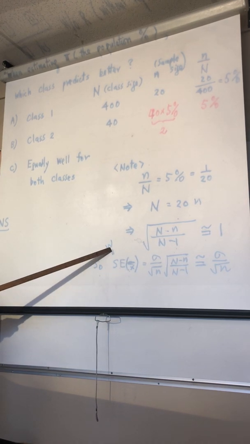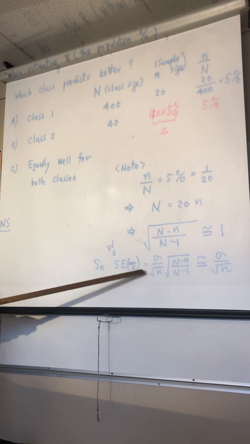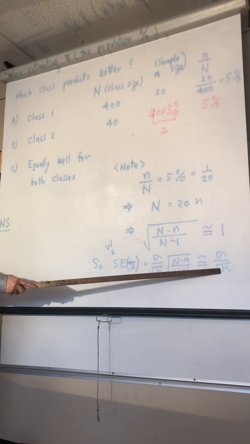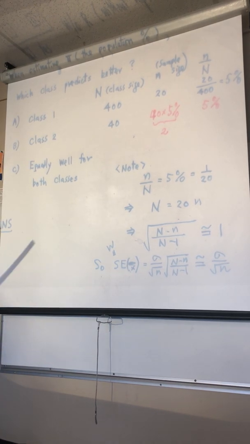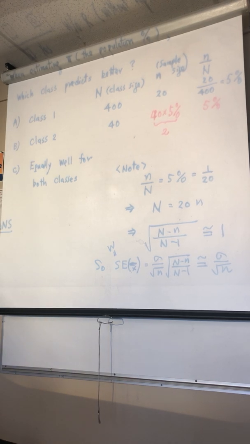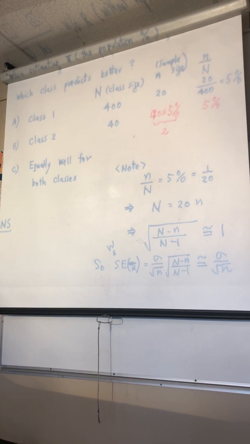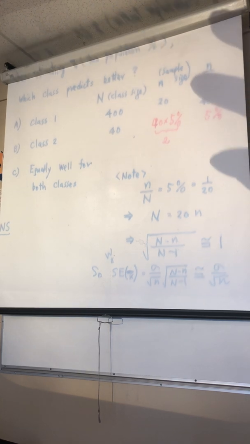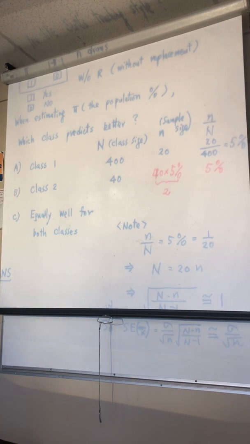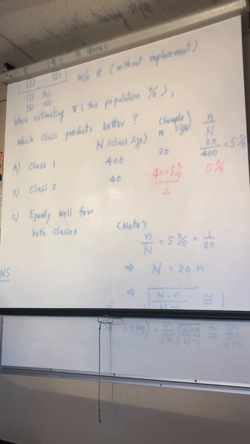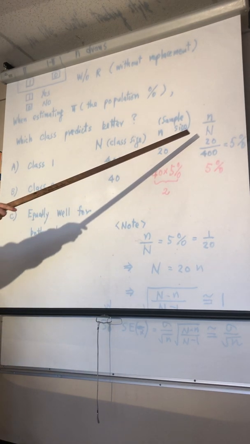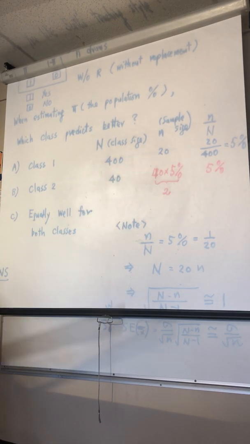So SE of X bar, or the accuracy of the prediction W, depends only on sigma over square root n. The one with the bigger sample size will predict better. It has nothing to do with the 5%, how the population size relates to the sample size.